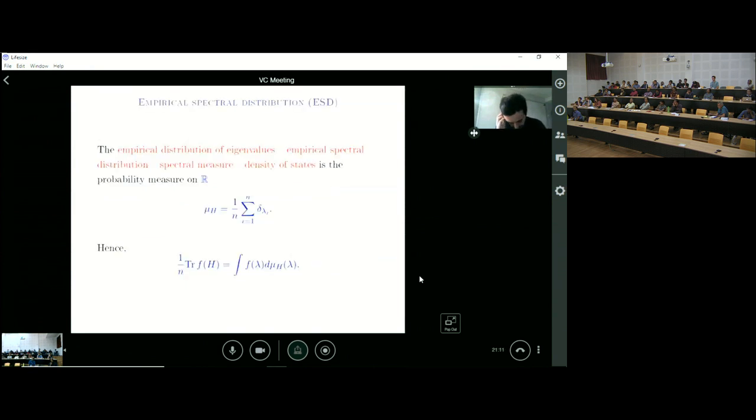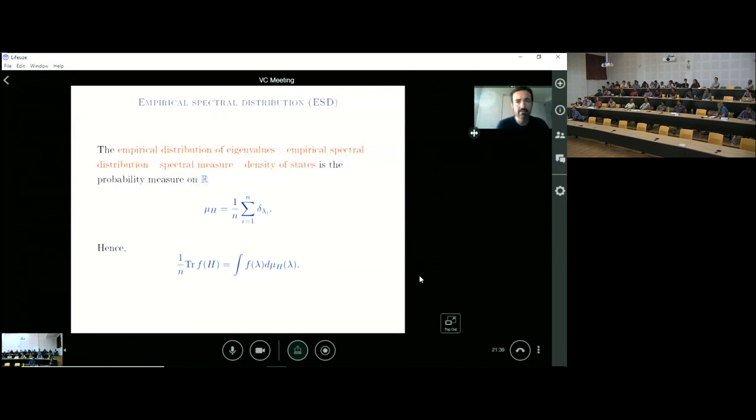Okay, but before going into the details of the models, I thought it could be interesting to have an overview of how you use information of the powers to deduce basic results on the eigenvalues. The first object that people study is the empirical distribution of the eigenvalues.